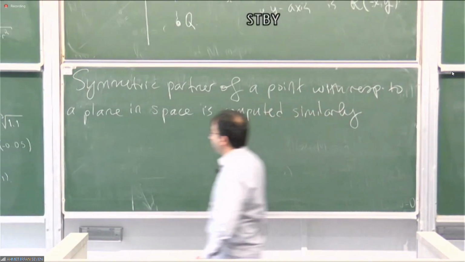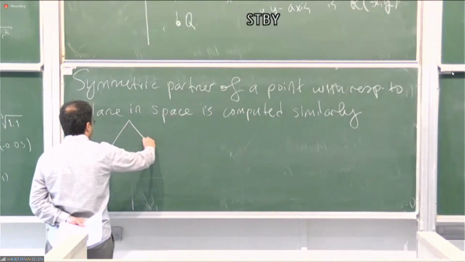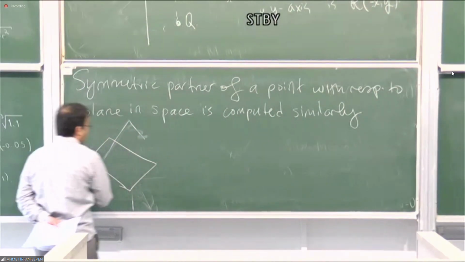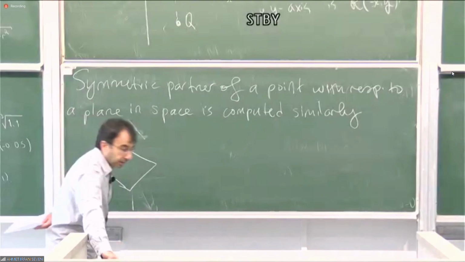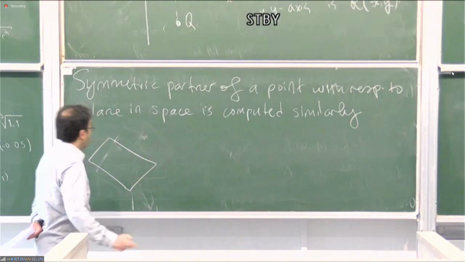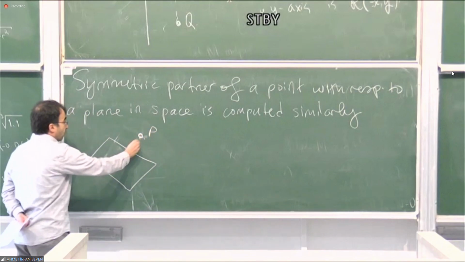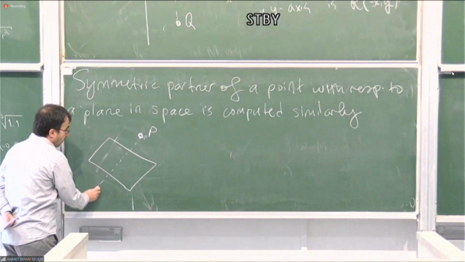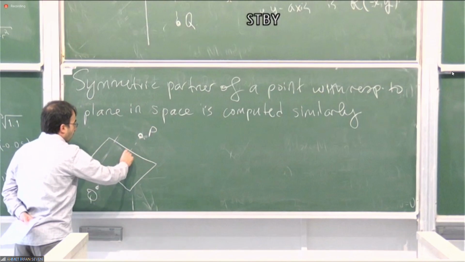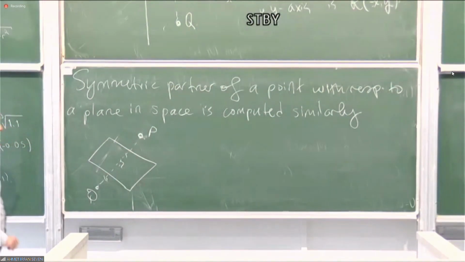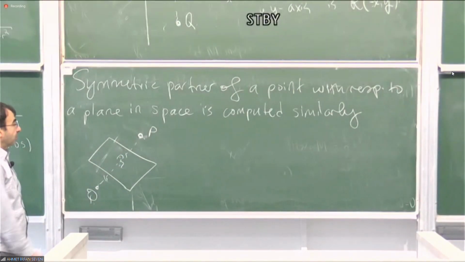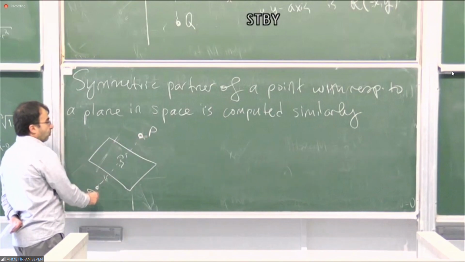So here is the picture. Let's say we have a plane like that, all right? And let's say that we have a point here, P. We want to find its symmetric partner with respect to this plane, Q. So this will be such that the distance to the plane will be the same for P and Q. It will be the reflection of P with respect to the plane.